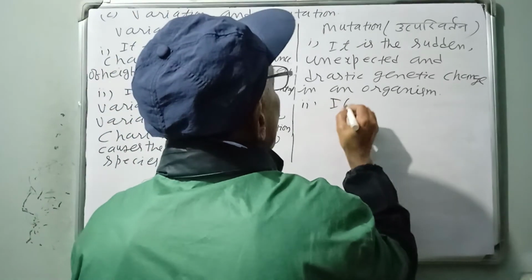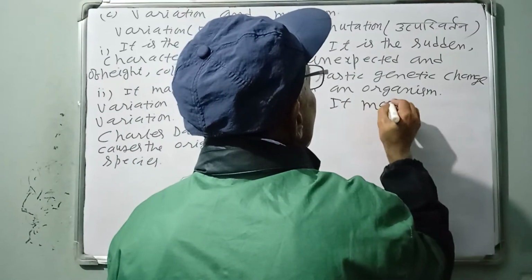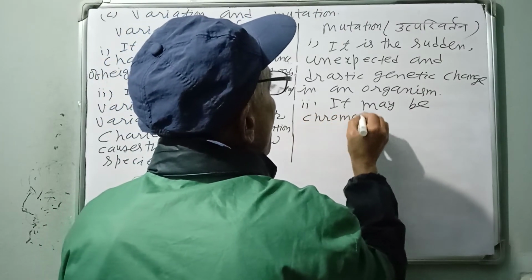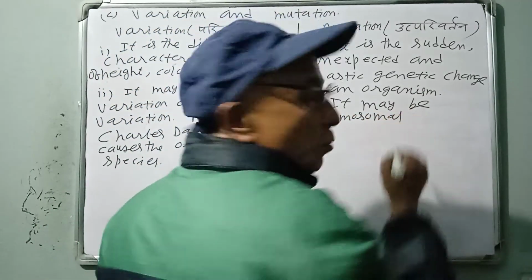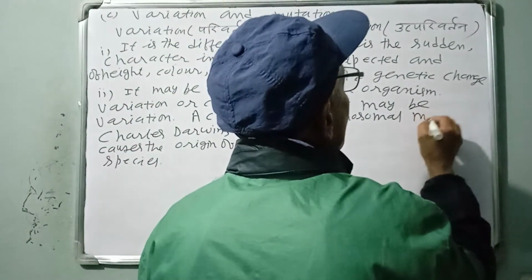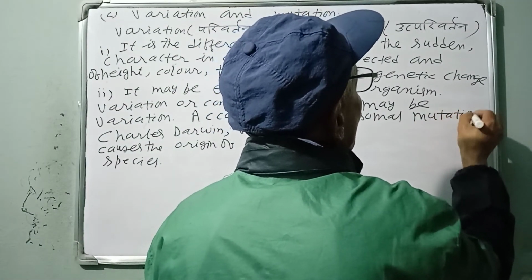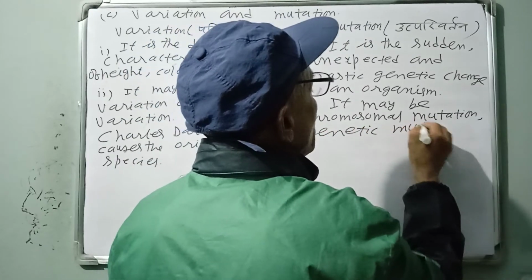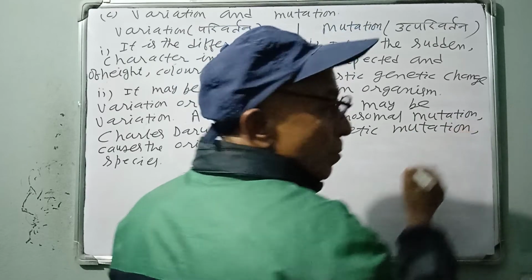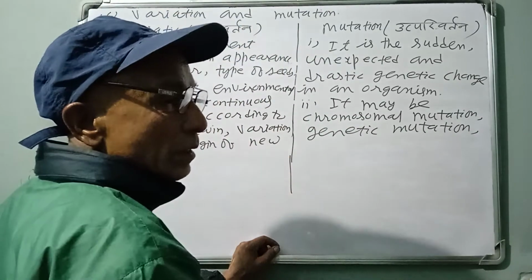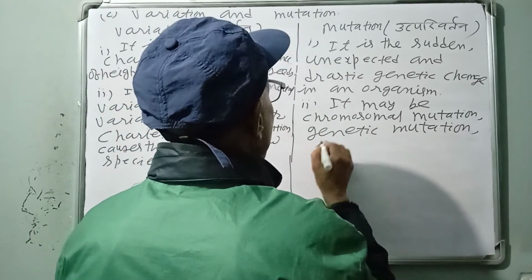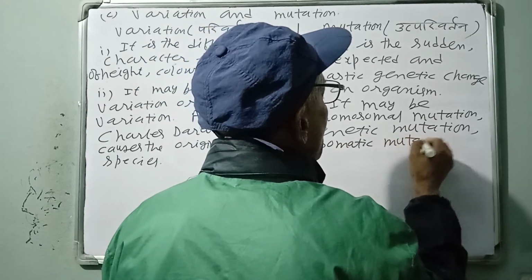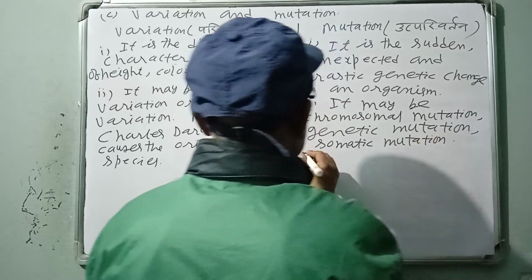It may be of different types: chromosomal mutation, genetic mutation, somatic mutation, etc.